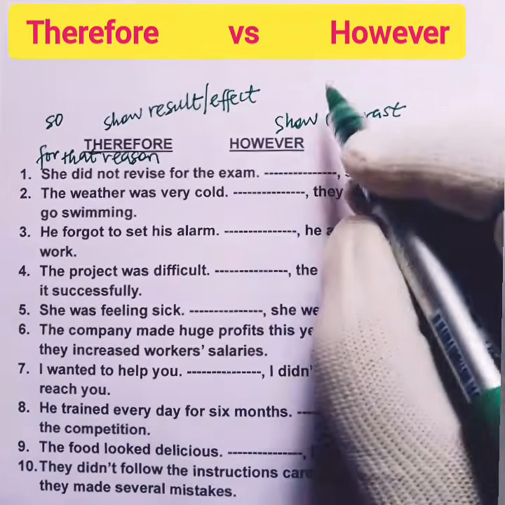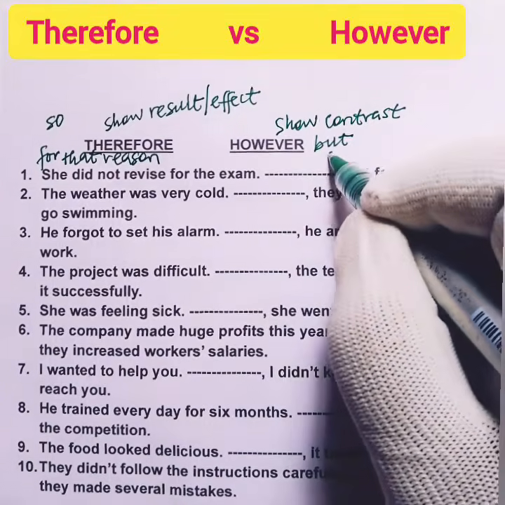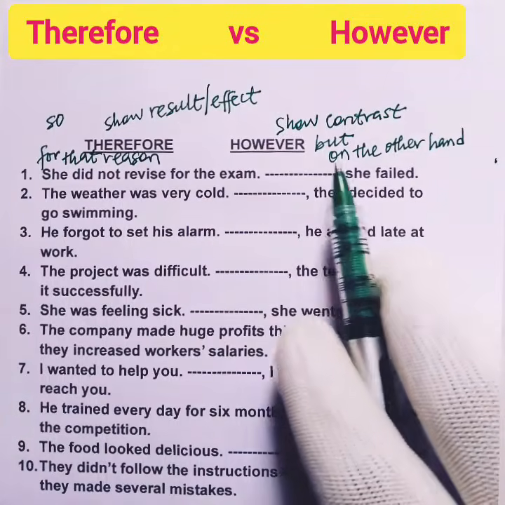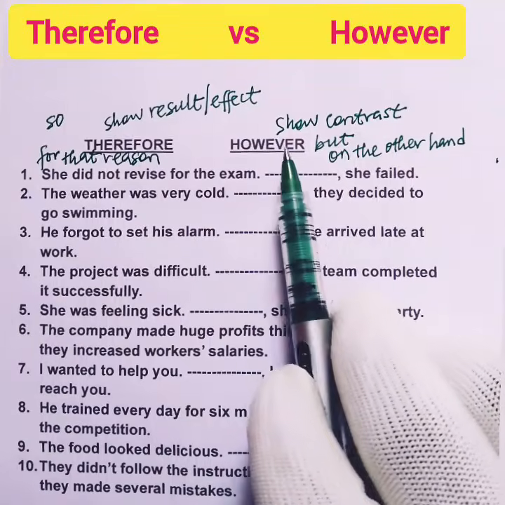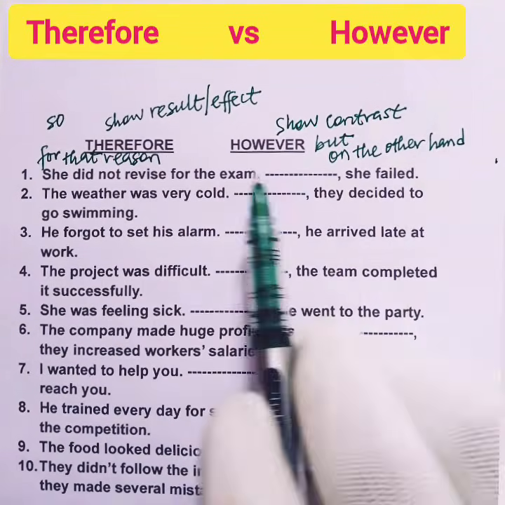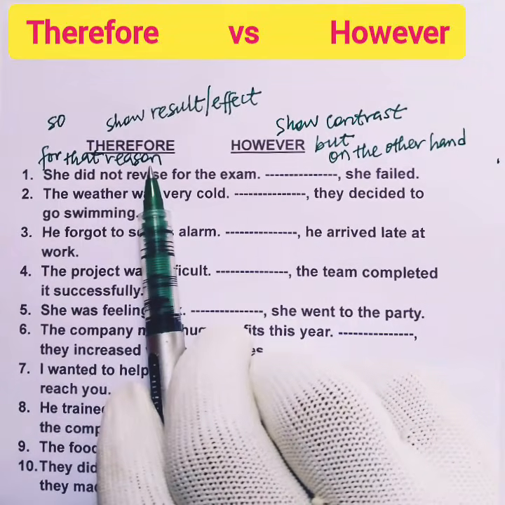Anytime you want to say but or on the other hand, you can replace it with however. Okay, so however means but or on the other hand, while therefore means so or for that reason.